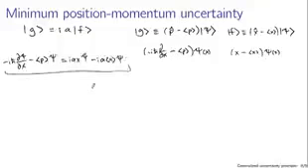And it turns out it's actually a pretty easy differential equation to solve. If you rearrange things a little bit, you can find that this is going to give you a derivative of psi with respect to x as, let's see, what have I got?